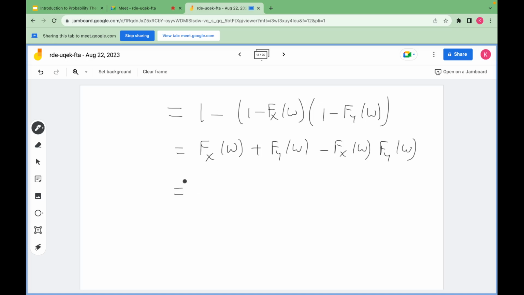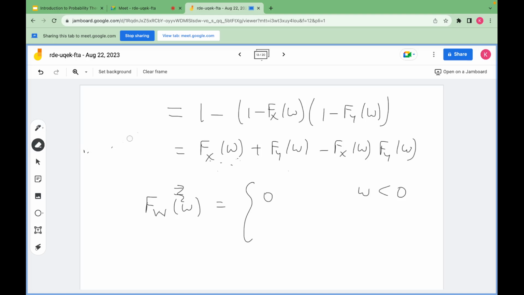So we can find that F(w) is 0 when w is less than 0, and it is varying from 0 to 1. Sorry, these are uniform, so Fx will be w and Fy will be w, because x and y are uniformly distributed.